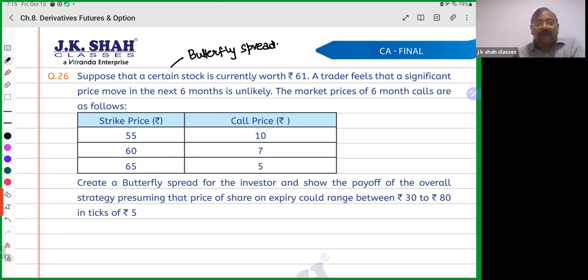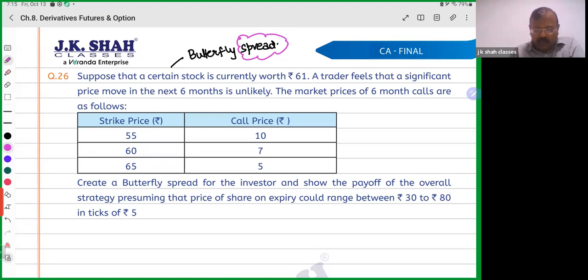Now you'll notice the key word is spread. It's a spread. It's not a strategy, which means this can be constructed either using calls or puts, right? Not both together.